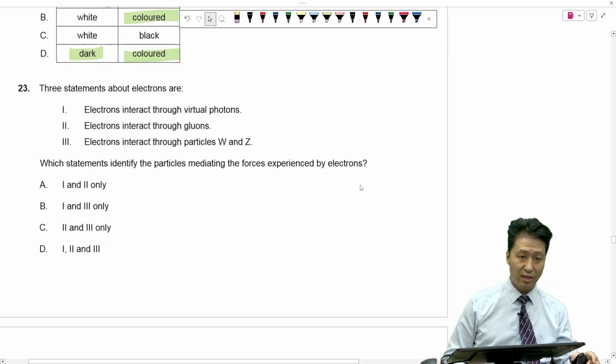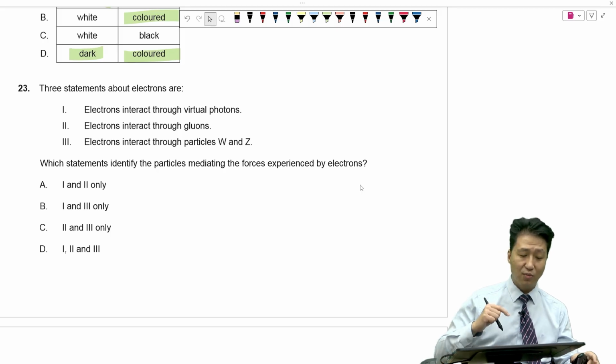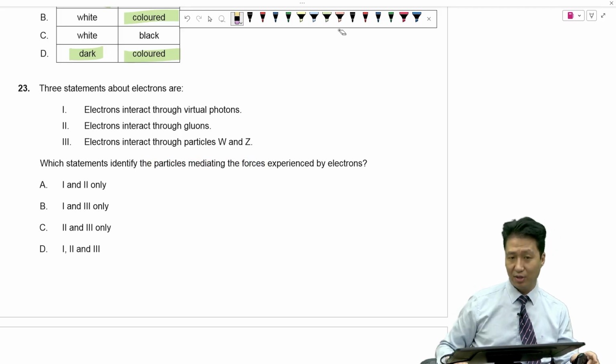Number 23. Three statements about electrons are: number 1, electrons interact through virtual photons. Number 2, electrons interact through gluons. Number 3, electrons interact through particles, omega and Z. Which statements identify the particles mediating the forces experienced by electrons? So first of all, particles mediating forces, these are the exchange particles.